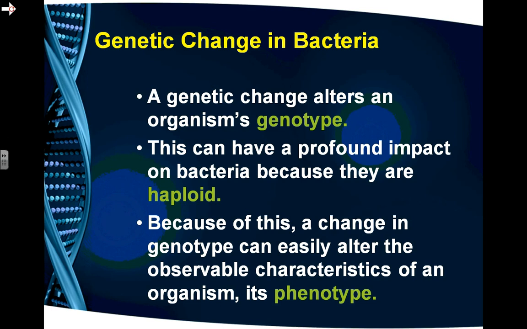It doesn't matter. There's only one copy, so there's nothing to cover it over. Therefore, a change in the genotype in a bacterium is very likely to change the phenotype. It doesn't always happen, but it is certainly much easier in bacteria than in a diploid organism of any kind.